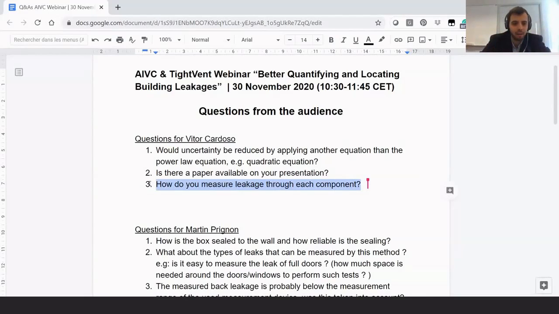With each type of leakage group, we would seal accordingly. For example, for the mechanical ventilation, we seal the inflow and outflow, and we measure and get the offset from the default value.